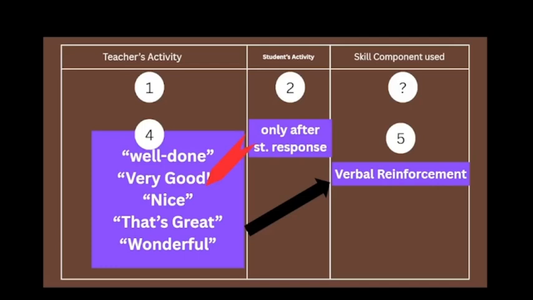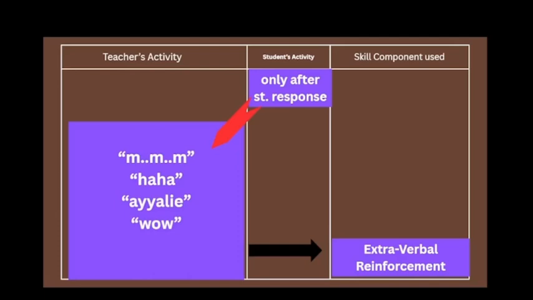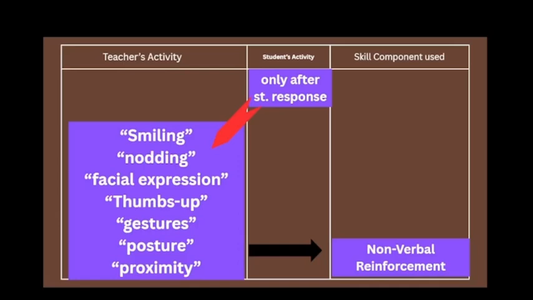The next is non-verbal reinforcement. Non-verbal is self-explanatory, as this is done without using any spoken, written, or electronic words, but through our overt behavior, such as facial expression, body language, etc. After a student's response, if the teacher would like to approve and appreciate the student's response, she may smile, nod her head, show some facial expressions or gestures, or from her posture one can understand that she is leaning forward to listen to that person keenly.